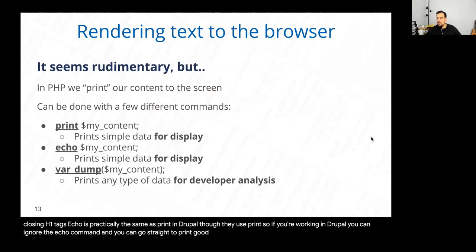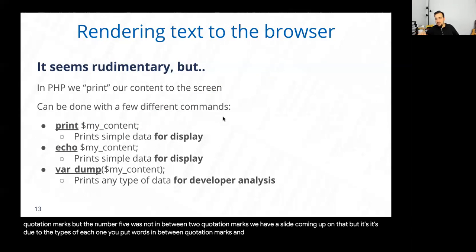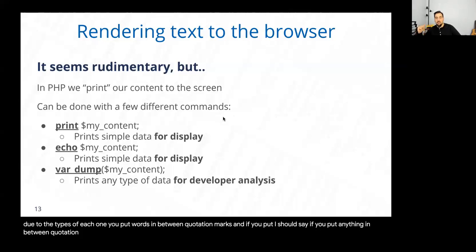Good question. So you said, why was May 10th in between two quotation marks, but the number 5 was not in between two quotation marks? We have a slide coming up on that, but it's due to the types of each one. You put words in between quotation marks, and if you put anything in between quotation marks, it's treated like a word.